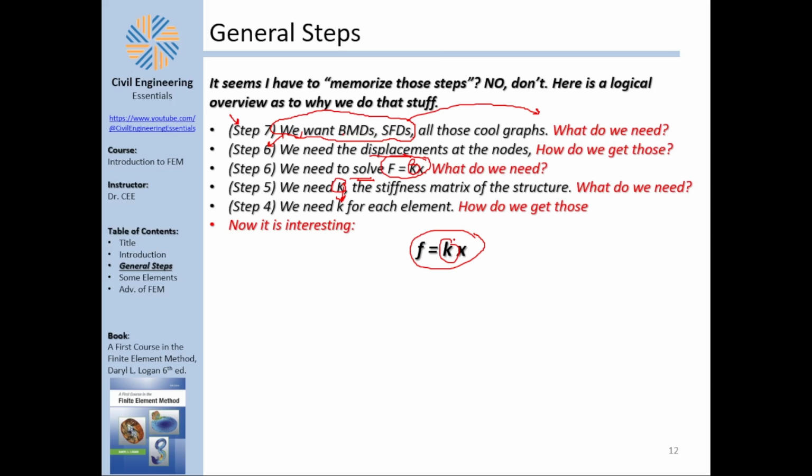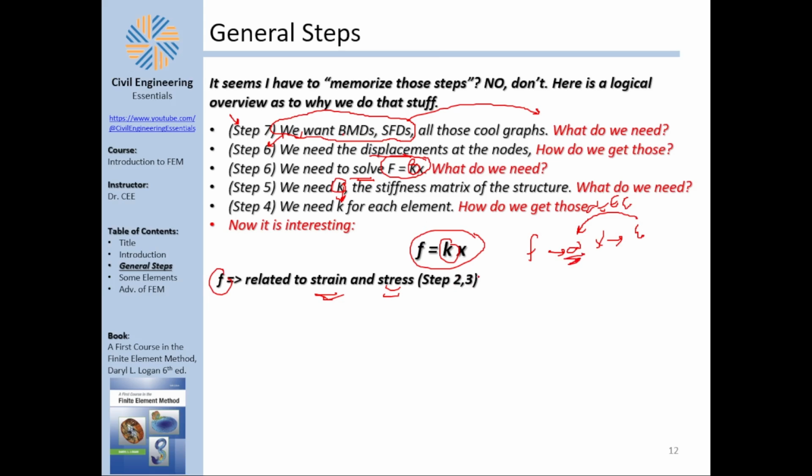Now, how can you calculate that? Well, there is no simple answer for this right now, but I want to remind you that forces are related to stresses, and displacements are related to strains, and stresses and strains are related via Hooke's law, sigma equals E multiplied by epsilon. Now keep this in mind, because here is the point. F is related to the stress and strain via the calculation of the stress and Hooke's law and the strain.